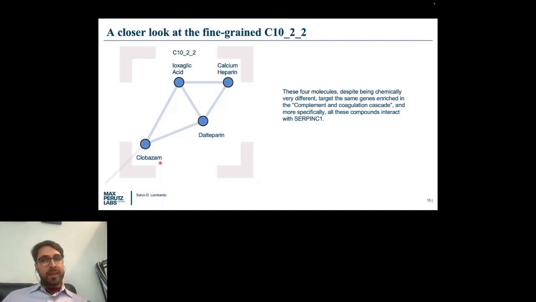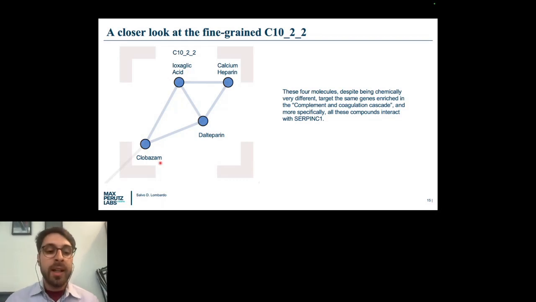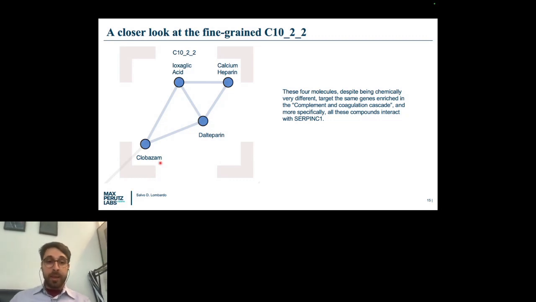And finally, clobazam is an antiepileptic drug, which again has recently been shown to have as a side effect the possibility to cause thrombotic events. And similar to the oxalic acid, it should be considered to use a different drug in susceptible patients.